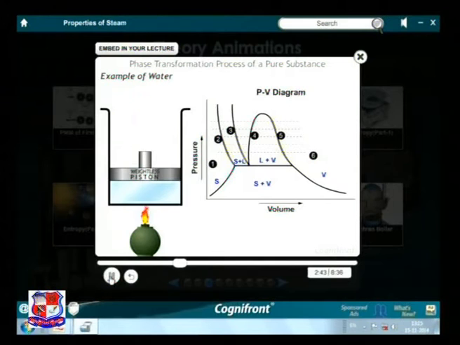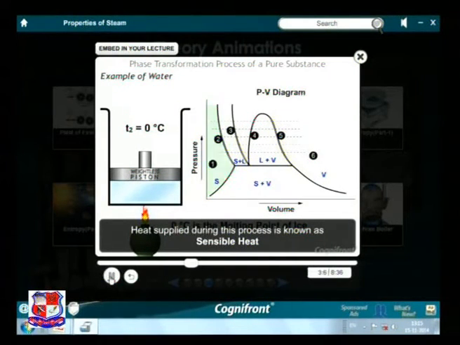Observe that initially water is in the solid state. Due to heating, the temperature of ice starts increasing from minus 10 degrees Celsius to 0 degrees Celsius. Note that 0 degrees Celsius is the melting point of ice.